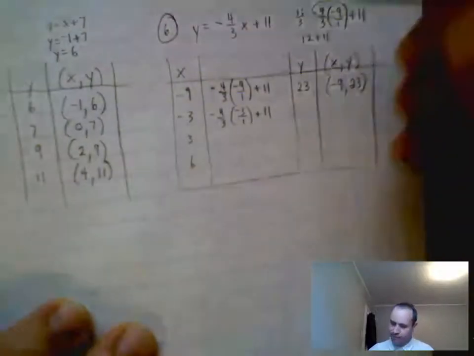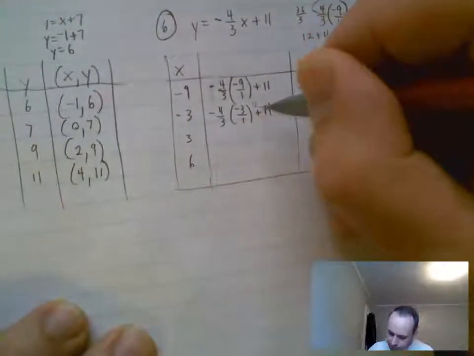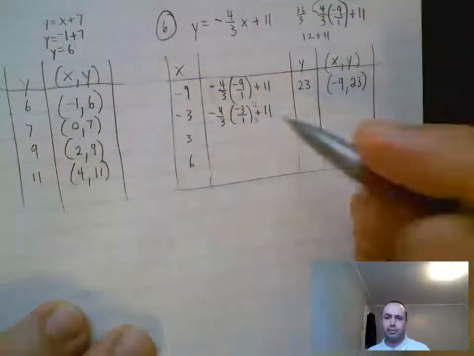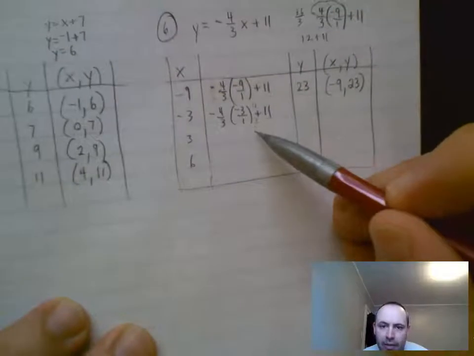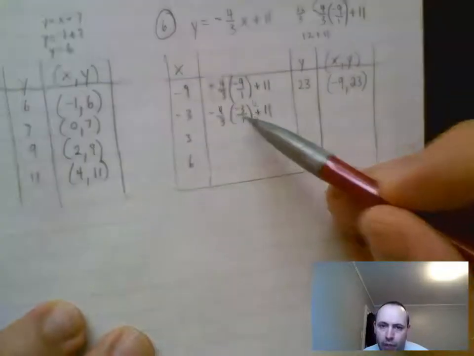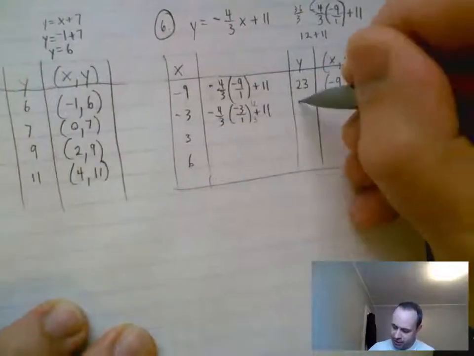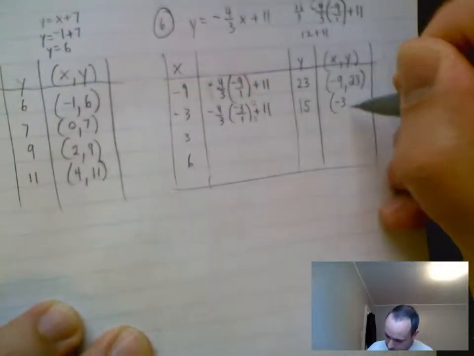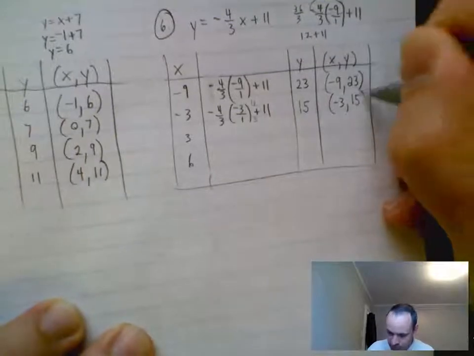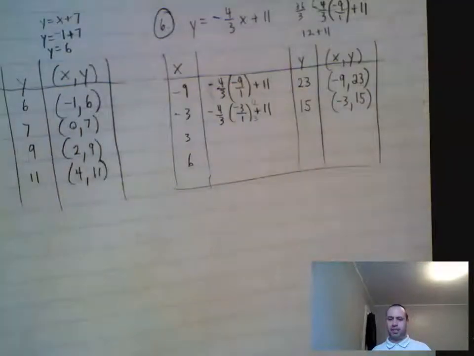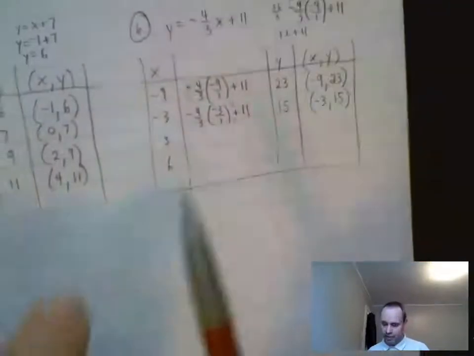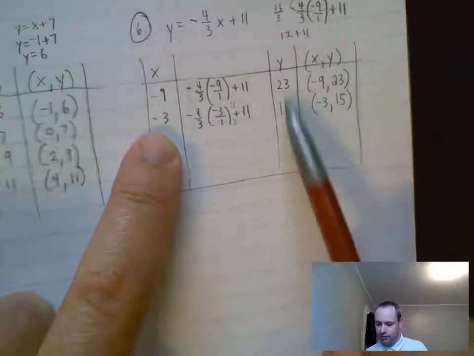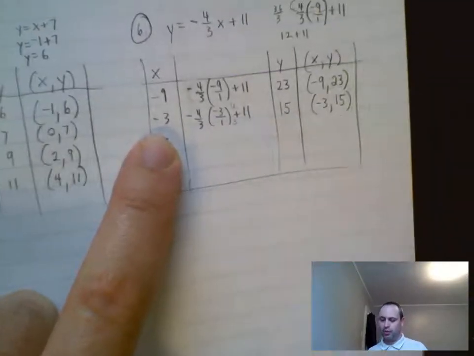So we really have a 12 on the top, a 3 on the bottom. So 12 divided by 3 is 4. And then 4 plus that 11 is 15. So we got -3, 15. The -3 comes from the x, and the 15 comes from what we got when we filled in the y.